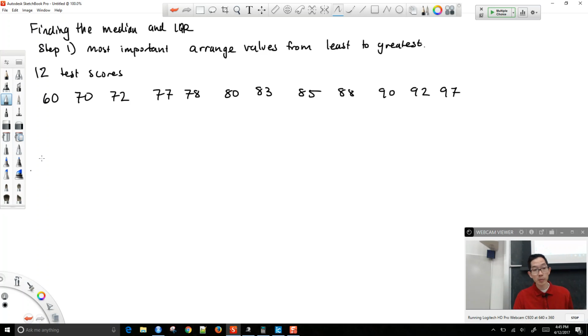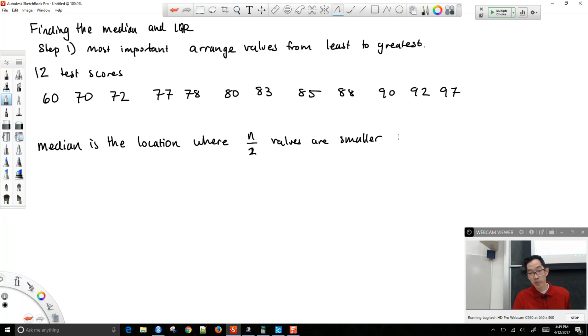So to find the median, the median is the location where n over 2 values are smaller and n over 2 values are larger. So how many values do I have? I have 12, so n is equal to 12.